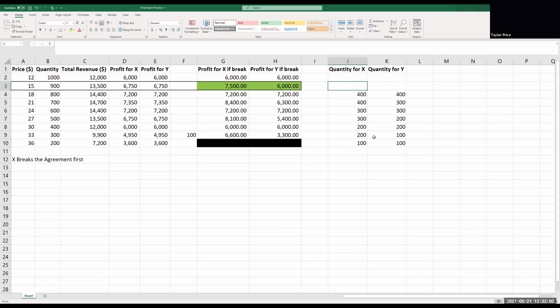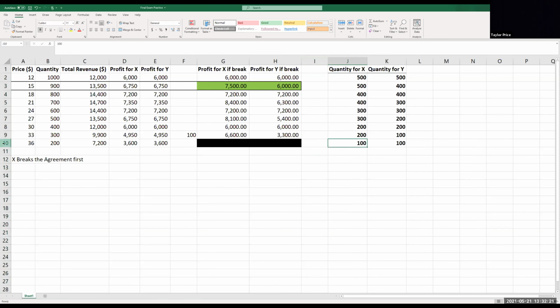And then here it's going to be 5, 4, hypothetically. So this is what you can basically think about for quantity.